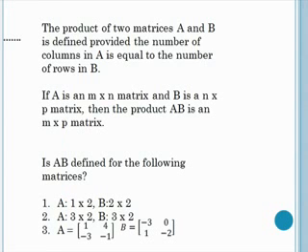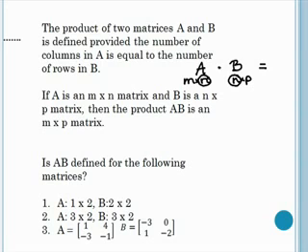Okay, so to find the product of two matrices, you have to look at the dimensions of the matrices. If matrix A has dimensions m by n, and we want to multiply it times matrix B, and the dimensions of B are n by something else, p, then we can multiply those two together because the inside dimensions match up.